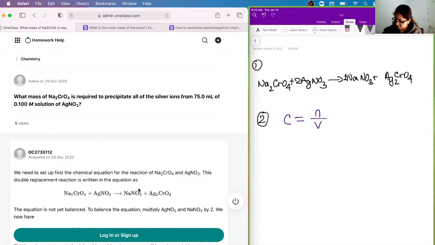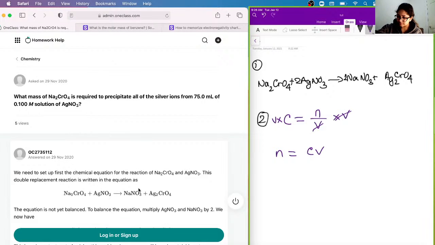And so you can rearrange this equation to solve for n. So what we need to do is just multiply by V and get n, which is C times V.